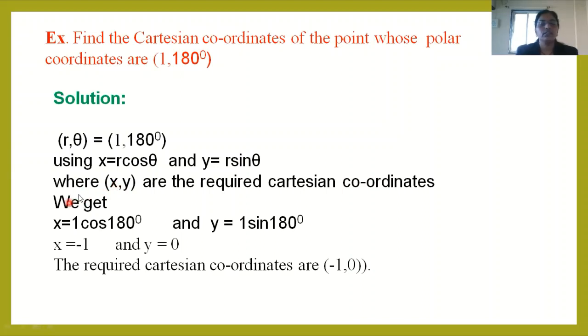We will get x is equal to 1 cos 180 and y is equal to 1 sin 180. Cos 180 is minus 1, therefore x is equal to minus 1 and sin 180 is 0, therefore y is equal to 0. Therefore the required Cartesian coordinates are minus 1, 0.